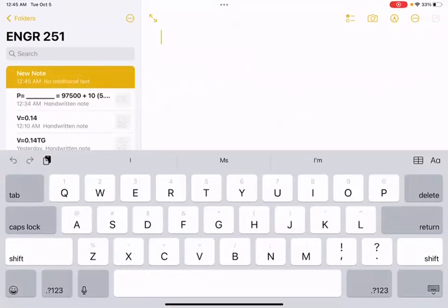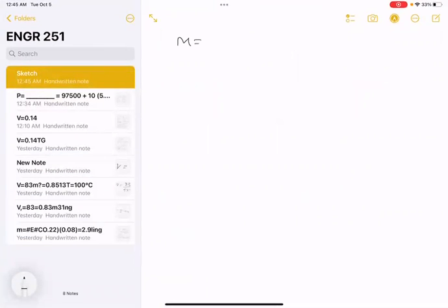So mass is volume divided by specific volume. Now we know the volumes, right? And we know from the tables the specific volumes.